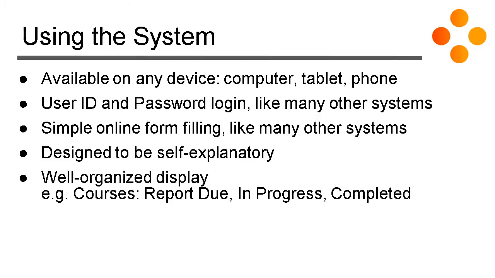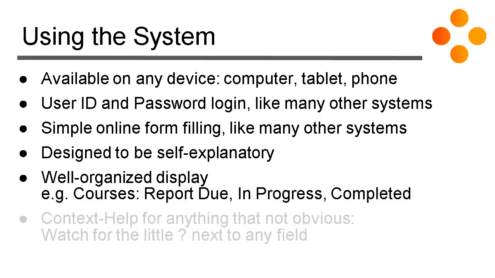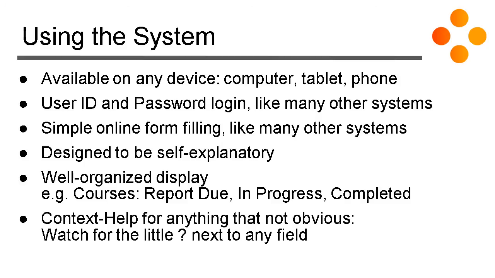You'll see well-organized displays. For example, when you view your courses, they're grouped in 3 sections: those that are due for the end report, those that are in progress, and those that were recently completed. There's context help available to explain any field that is not obvious, like city is obvious, but some of them can benefit from some explanation.